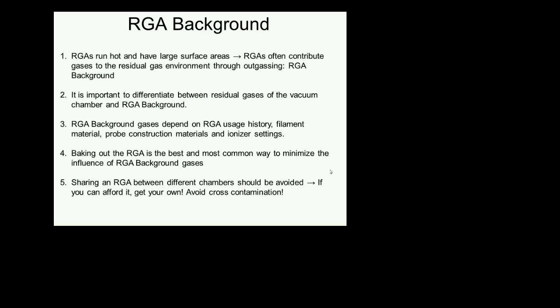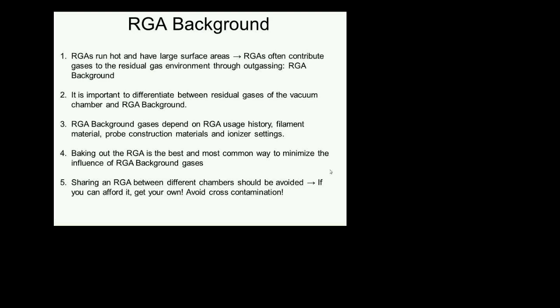So the thing that is going to be critical for you is to understand that you will never get the RGA to not give you a contribution of background gas to your gas environment. What is critical is that you learn to differentiate what is already in your chamber from what is being contributed by the RGA through its background outgassing.